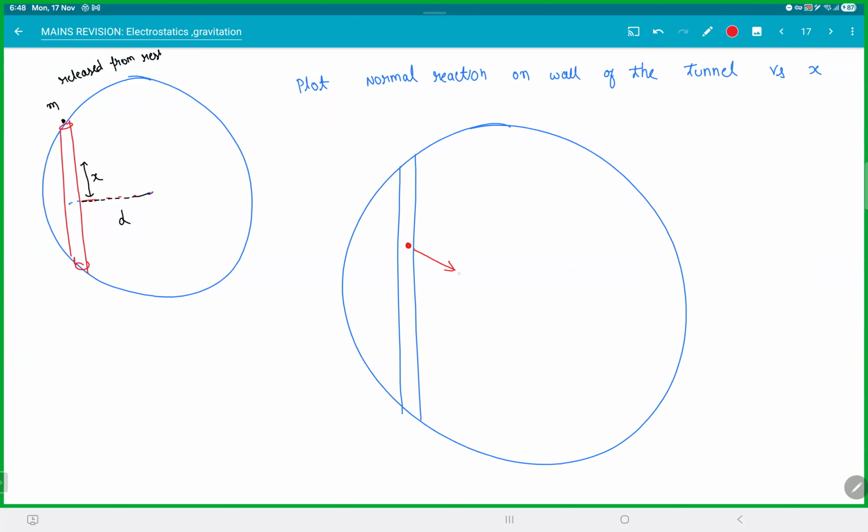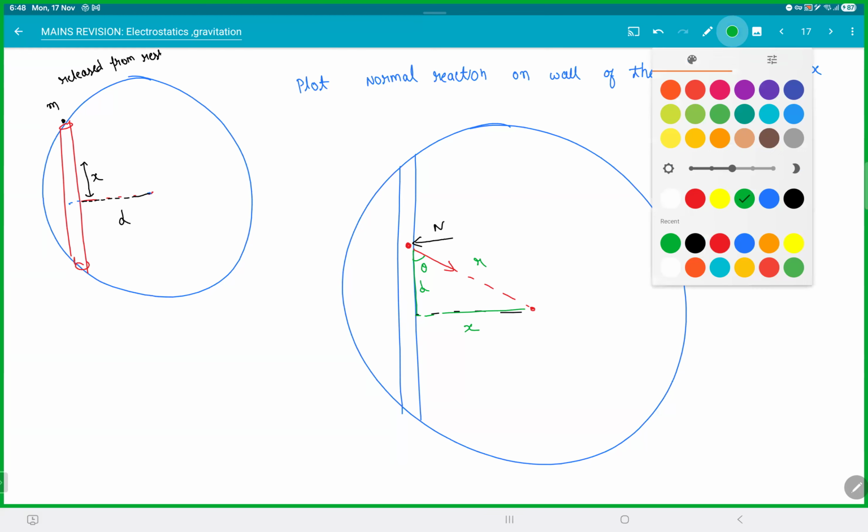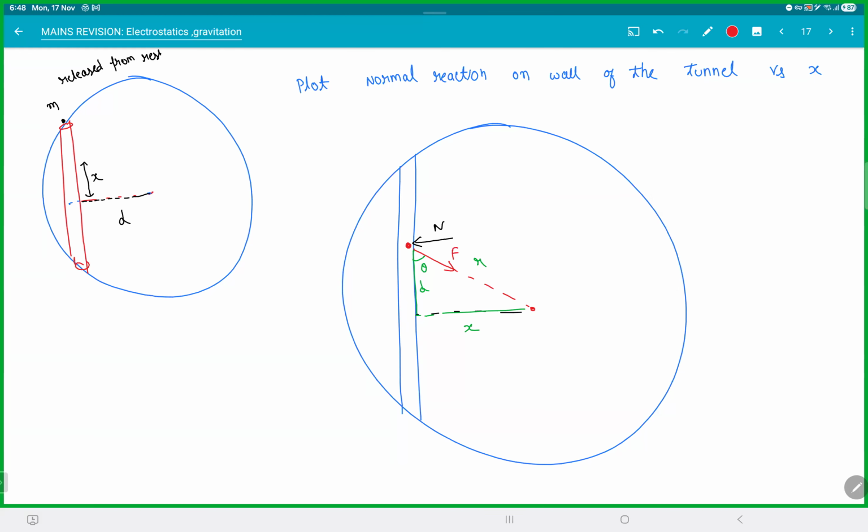The attraction force will be towards the center. The normal reaction will be this way. Let the distance be x, let the distance be d, and let this distance be r. And let this angle be theta. And this force of attraction be F. So we can clearly see N is equal to F sine theta.